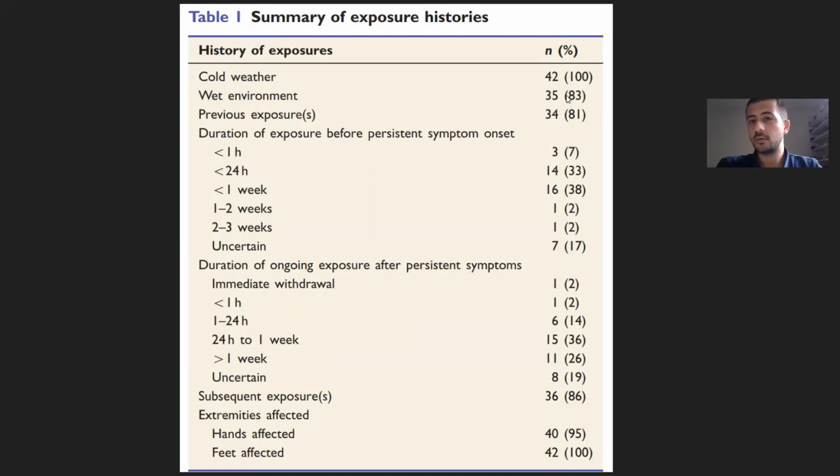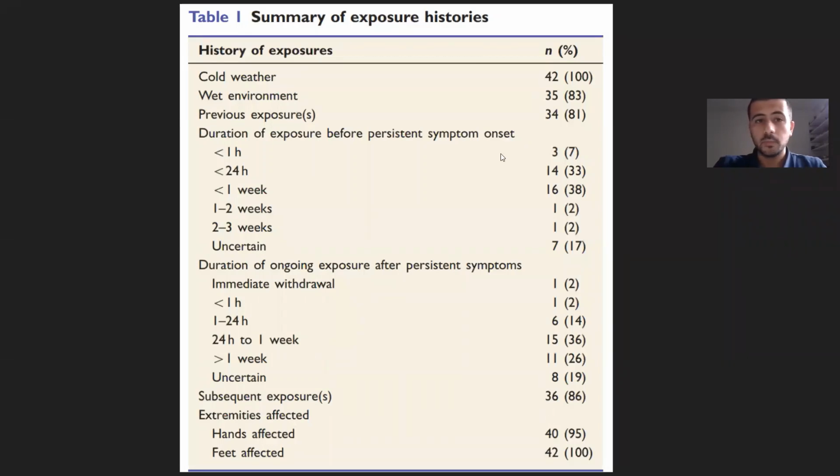You can see here the actual number, the accurate number, and here the percentage. Also here, wet environment, 35 patients, 83%.